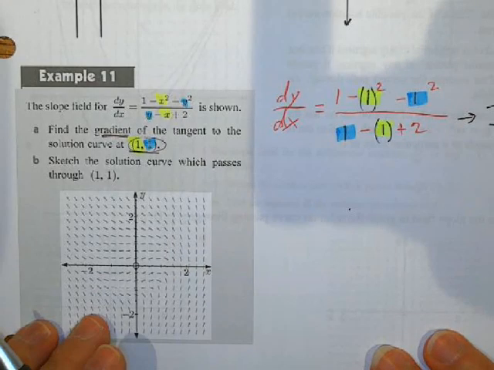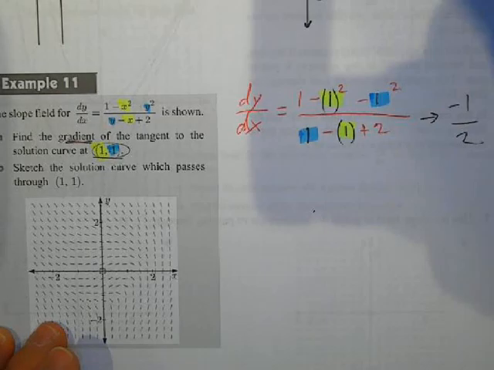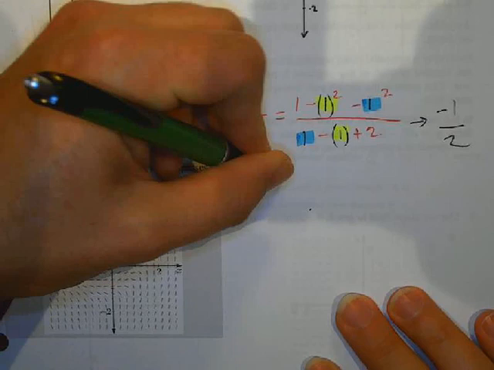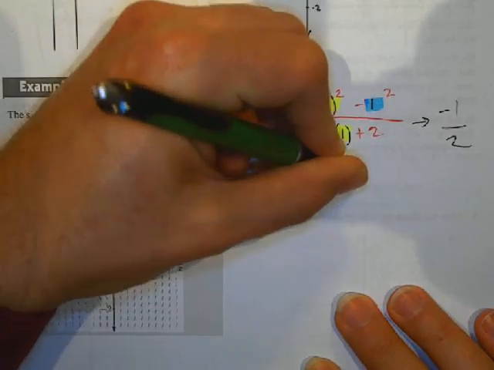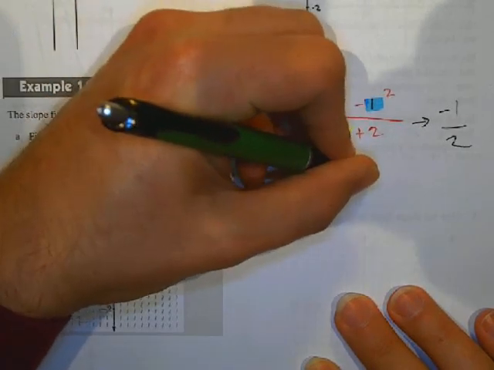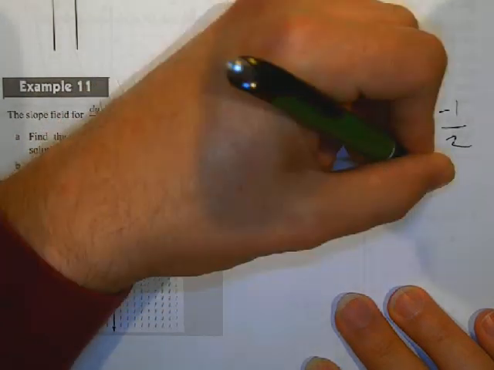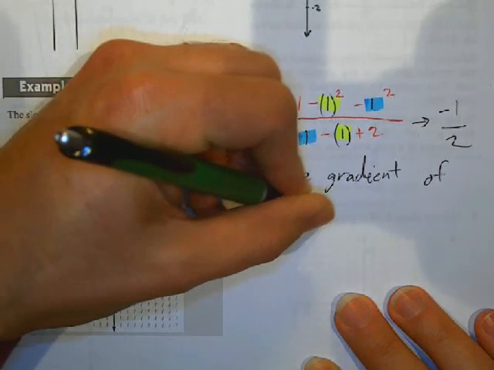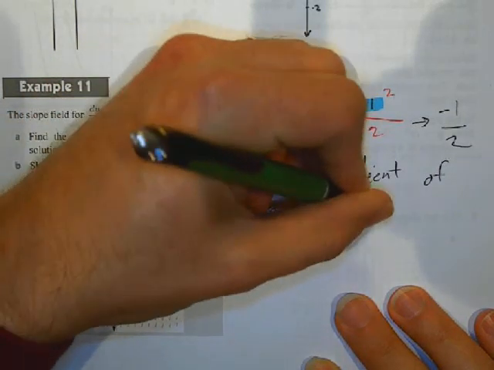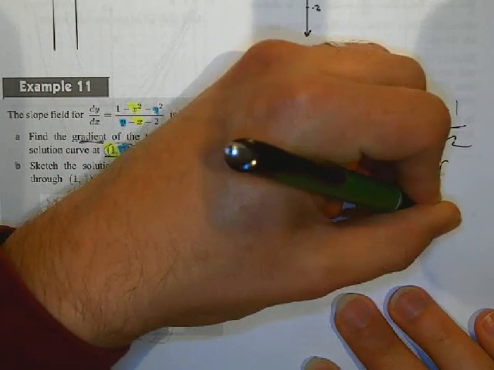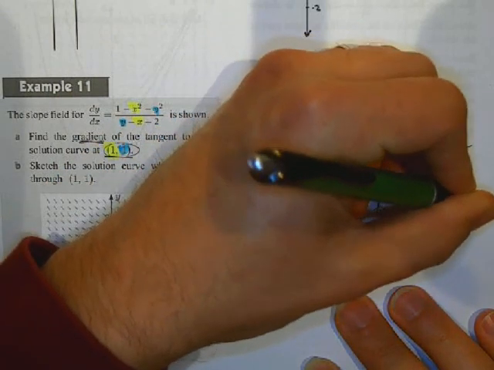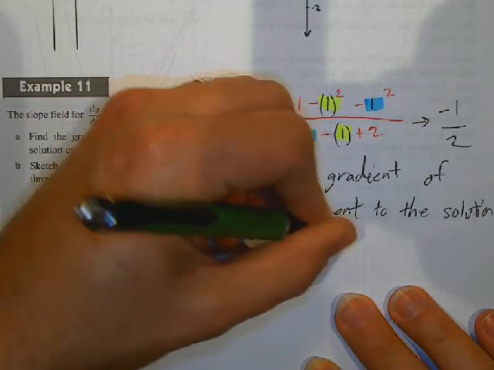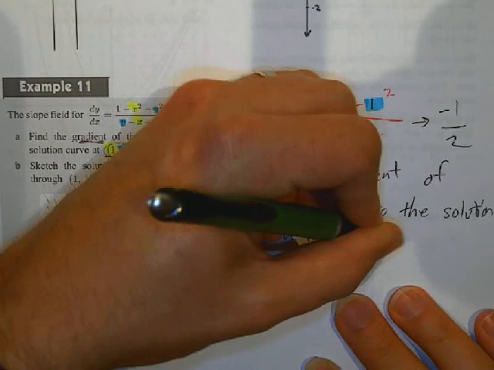Okay, so I can't see what I'm doing. Therefore, the gradient of the function, or the tangent, to the solution curve at (1, 1) is negative 1/2.